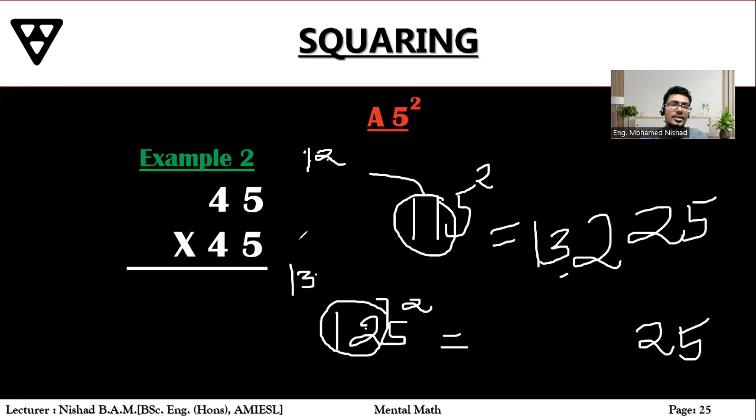If you are new to the class, you can go through the previous sessions and watch these things. We multiply this and this together. So 3 times 2, it will be 6. And then we add this 3 and 2 together, that will be 5. And then 1 times 1, it will be 1. So this is the answer.